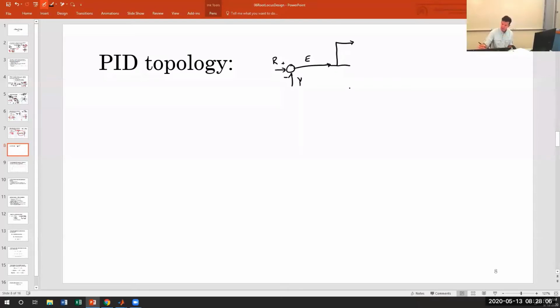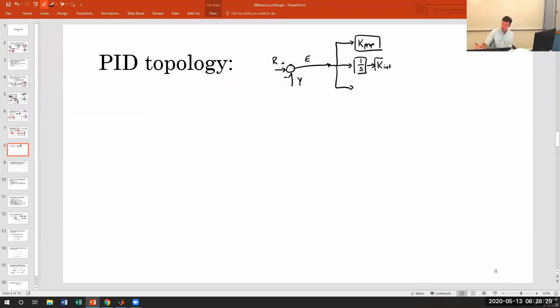In one of these branches, we're going to scale the error signal by some scaling factor. I'm going to call it K prop for proportional. And in the other branch, we're going to integrate the error, and then we're going to scale that by some factor, call it K int for integral gain.